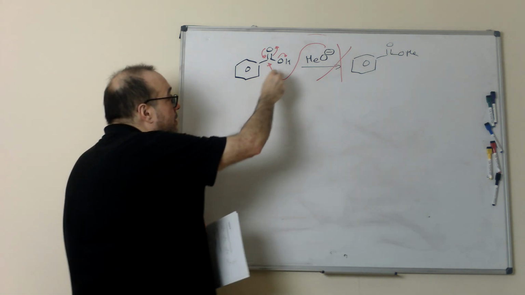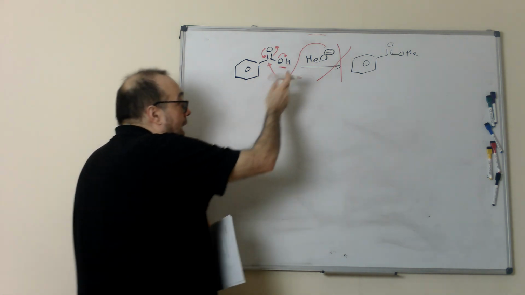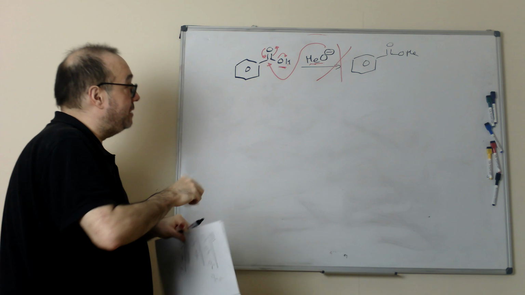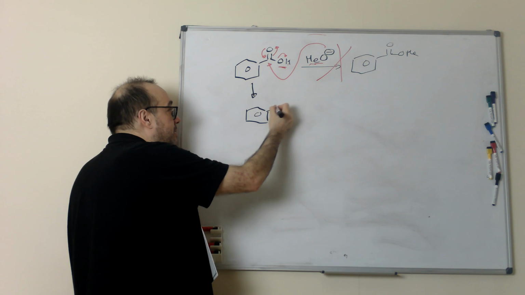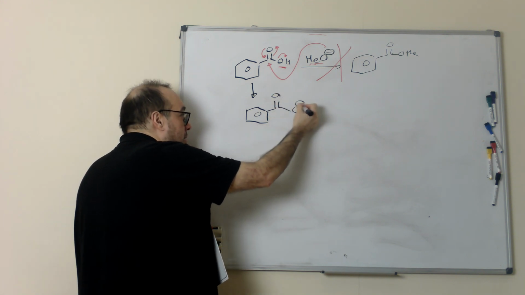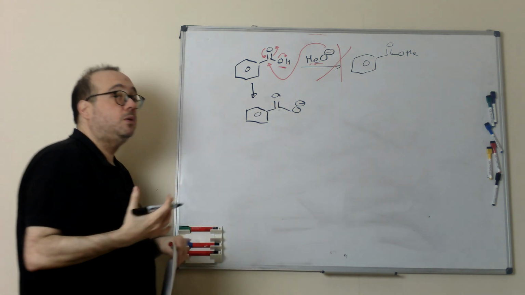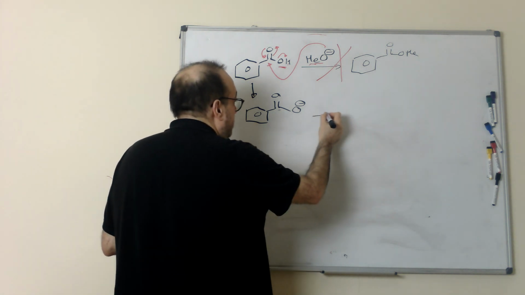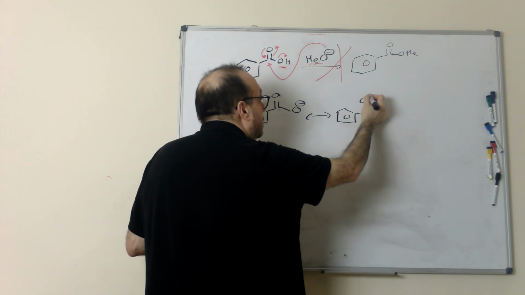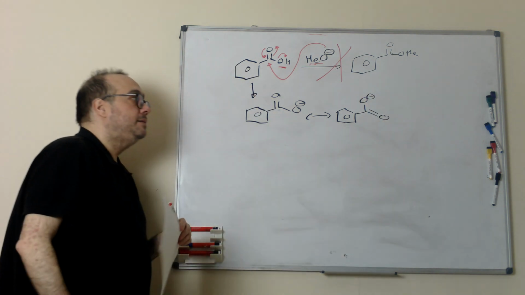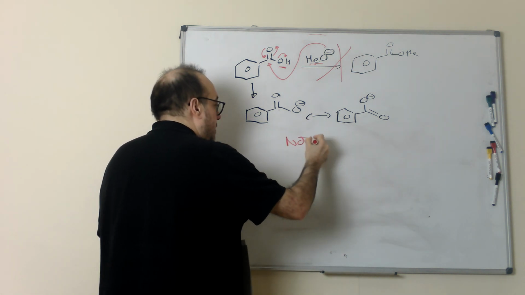Because here we have a carboxylic acid. This proton is a highly acidic proton, isn't it? And here we have a base. That means that the first reaction that will happen is an acid-base reaction, and what we will generate is the carboxylate. And remember that in the carboxylate, this carbon is no longer electrophilic. This is stabilized by this resonance species, and this is not electrophilic.